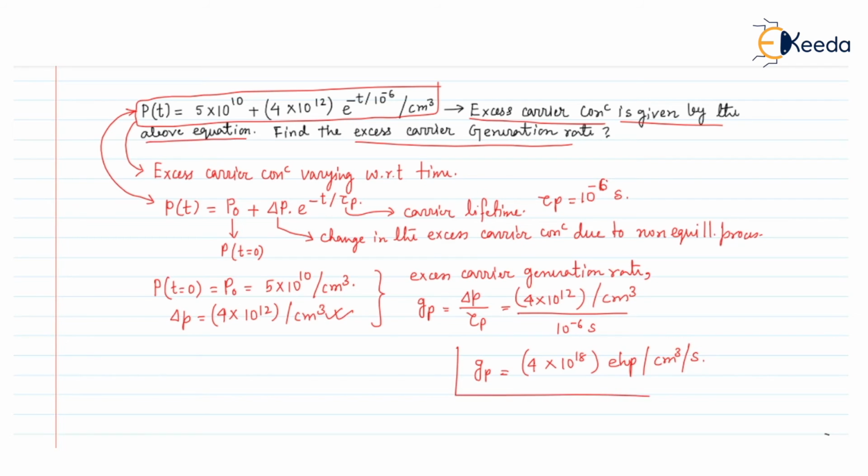So this is the excess carrier generation rate of the given semiconductor which has an excess carrier concentration of 5 into 10 to the power 10 plus 4 into 10 to the power 12 e to the power minus t by 10 to the power minus 6 per centimeter cube. So in this way, we can calculate the excess carrier generation rate.